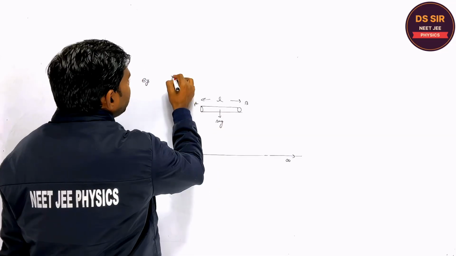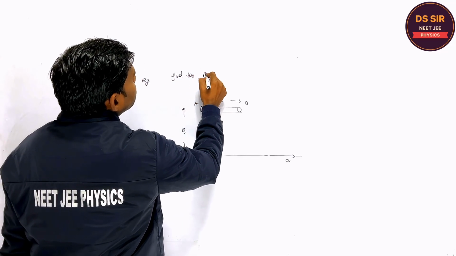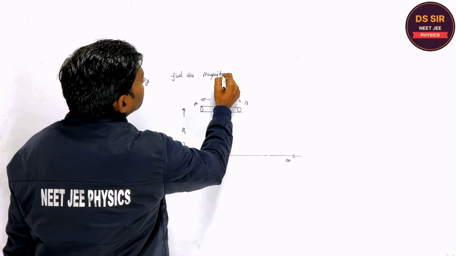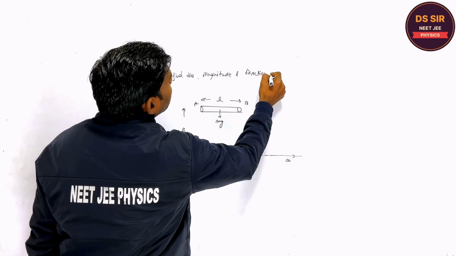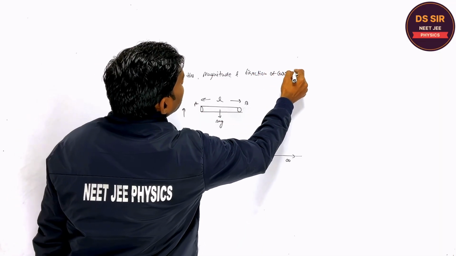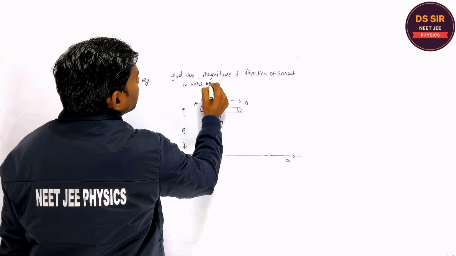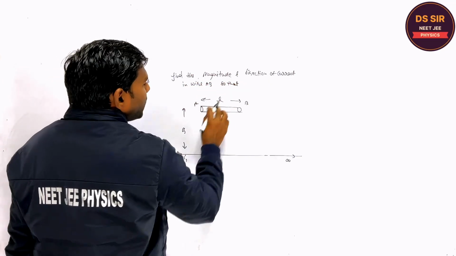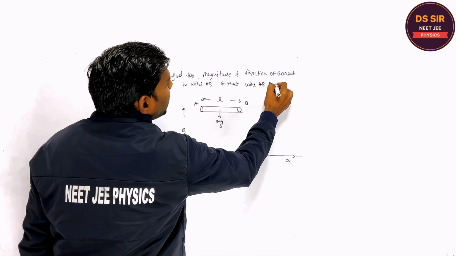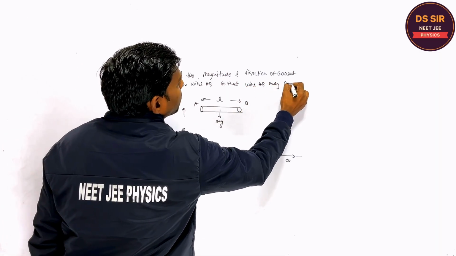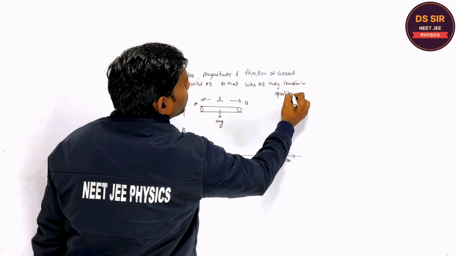You have to find the magnitude and direction of current in wire AB, so that wire AB may remain in equilibrium. Equilibrium, what does it mean?